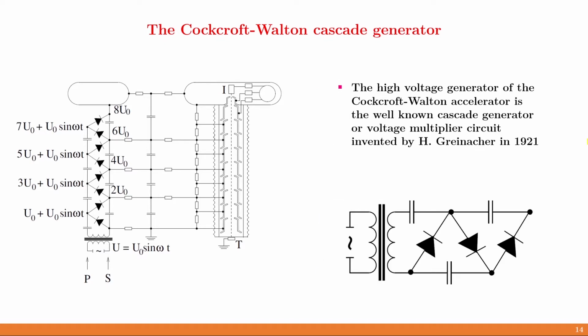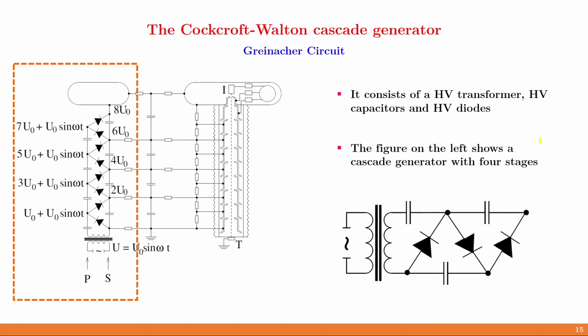The high voltage generator of the Cockcroft-Walton accelerator is the well-known cascade generator or voltage multiplier circuit invented by H. Greinacher in 1921. It consists of a high voltage transformer, high voltage capacitors, and high voltage diodes.